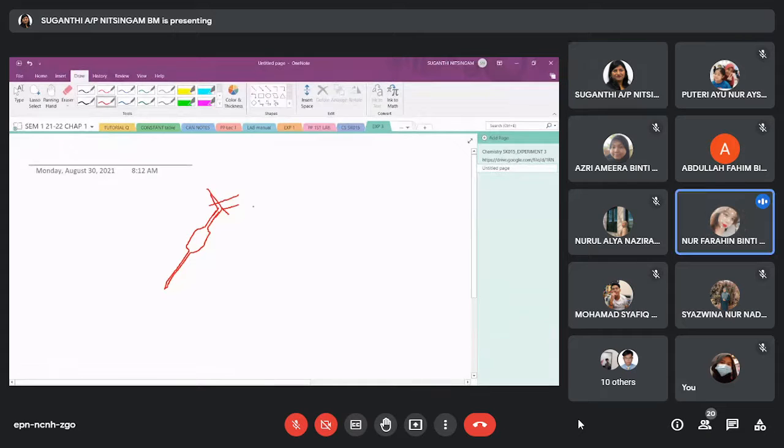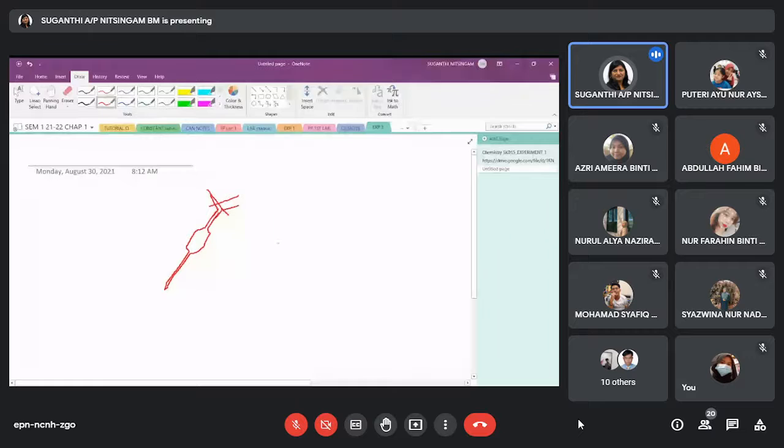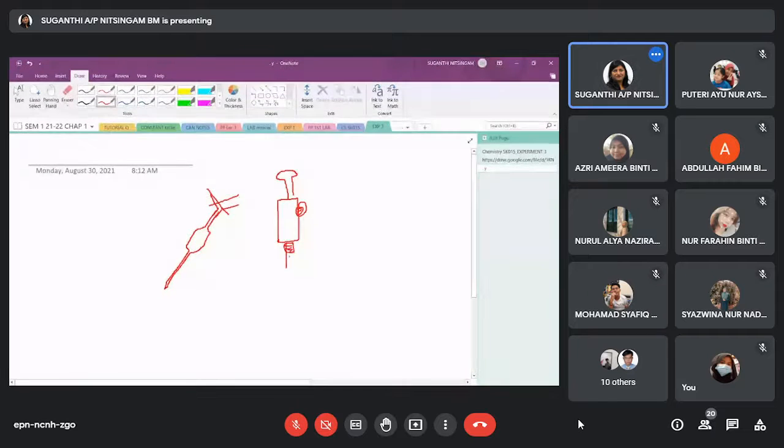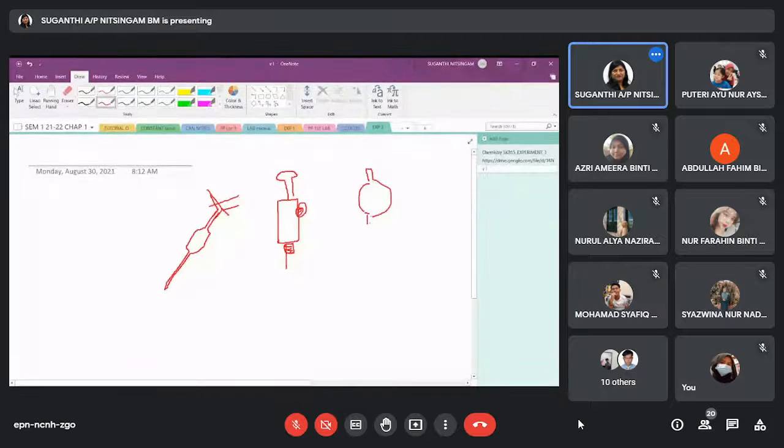So what do you use? That pump. The one yang what do you call that? Pipette pump or a bulb? Okay, kena ingat dia punya apparatus ni. This is a pipe pump. Dia kat sini ada macam ni lah. Pipe pump or you use a bulb. Okay, dia ada macam ni. So you must remember this.